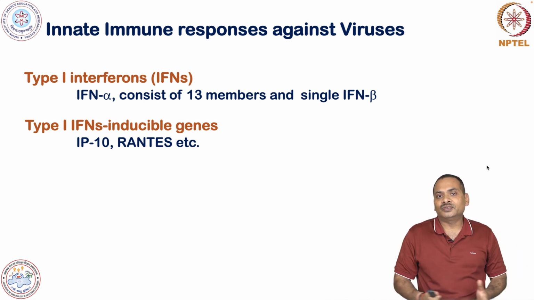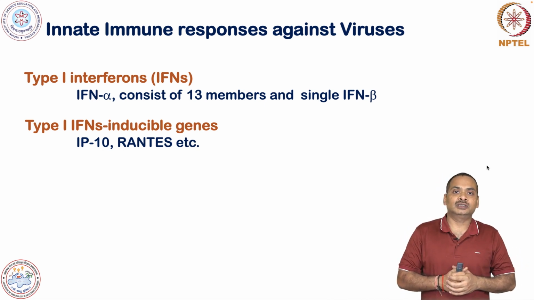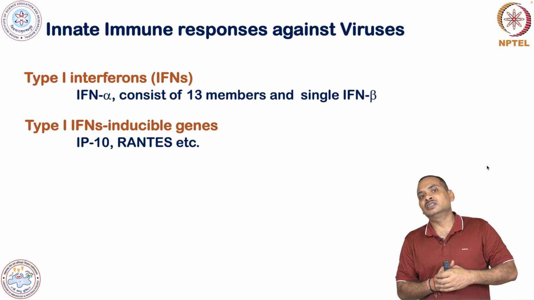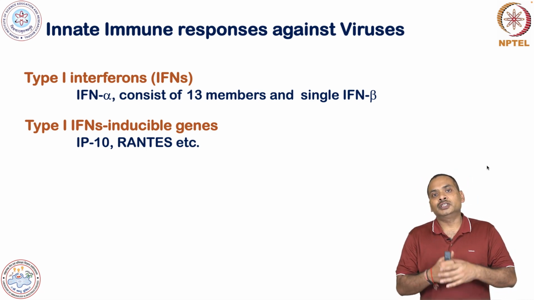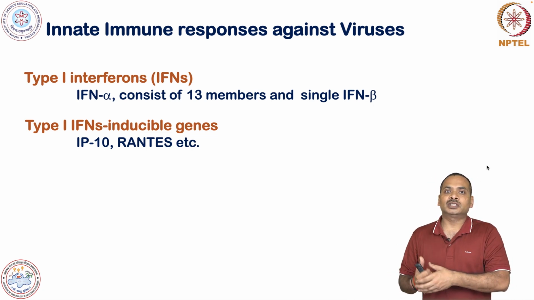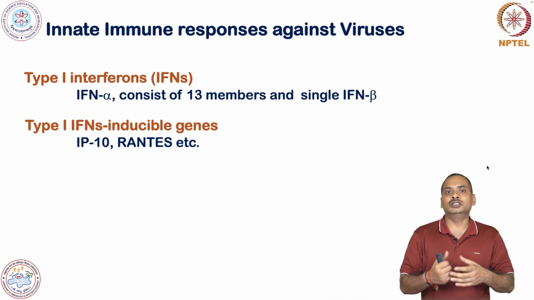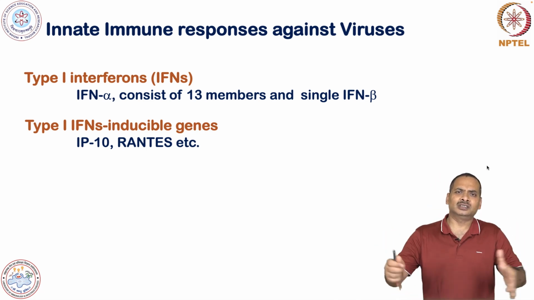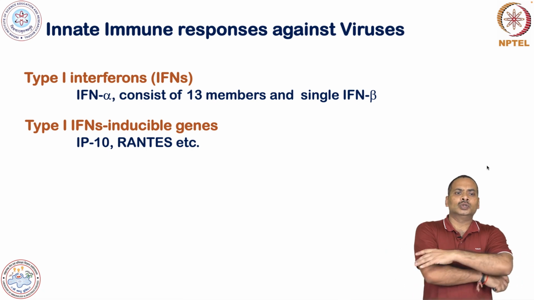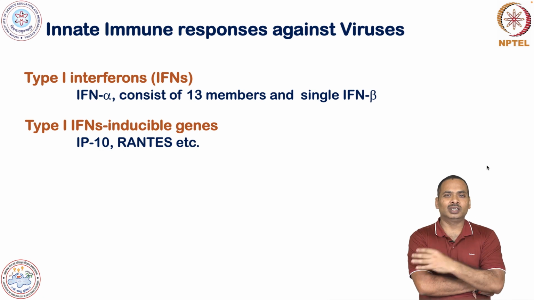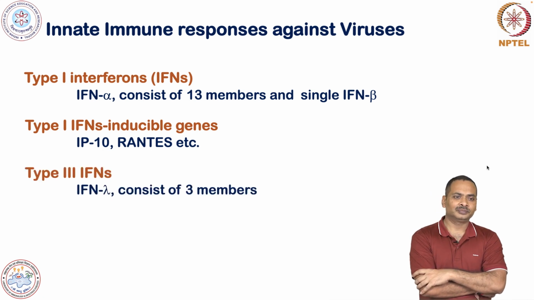So when this type 1 interferon is produced in a reasonable amount, it will trigger the interferon inducible responses. These responses are triggered by interferon inducible genes. There are just a few examples, but there are hundreds of genes. One is IP10 and RANTES. There are so many chemokines and all those things.